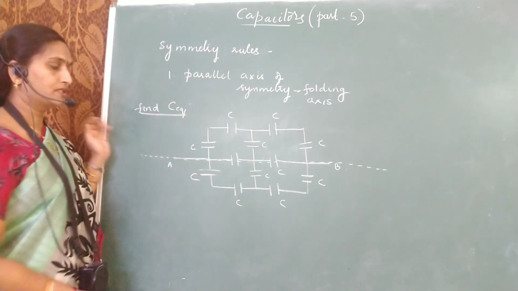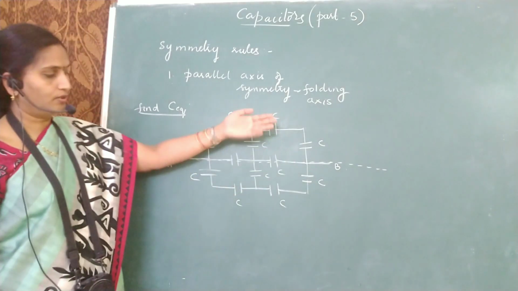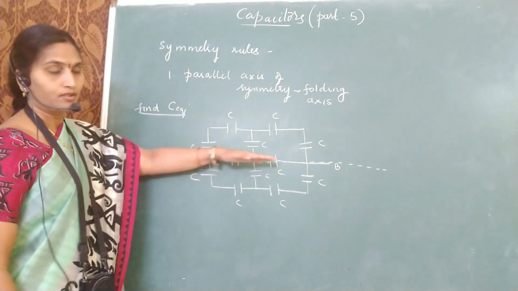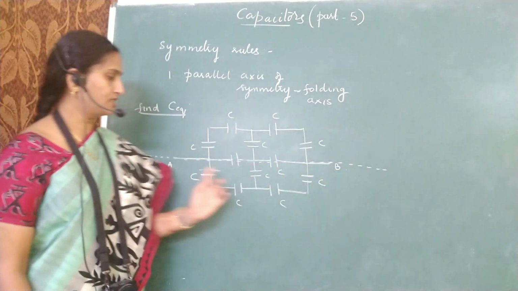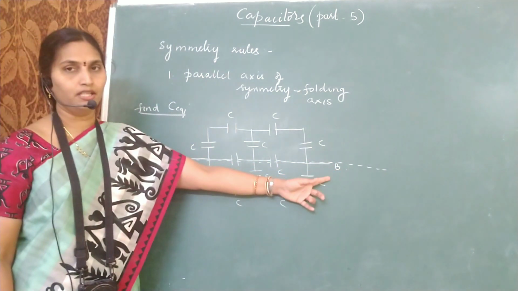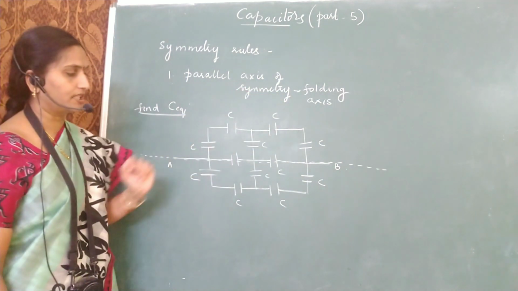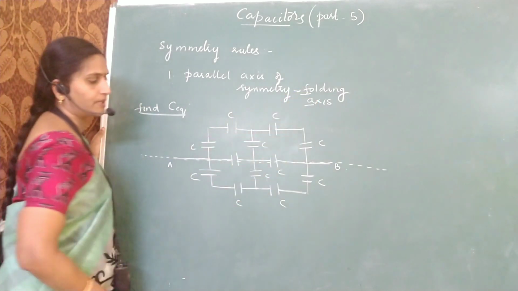So if you observe a symmetry along the line AB, then you can fold the circuit about this particular line. Again I repeat, if there is a symmetry along the line which is parallel to A and B, then you can fold the circuit about this line. That's why it's called the folding axis of symmetry.